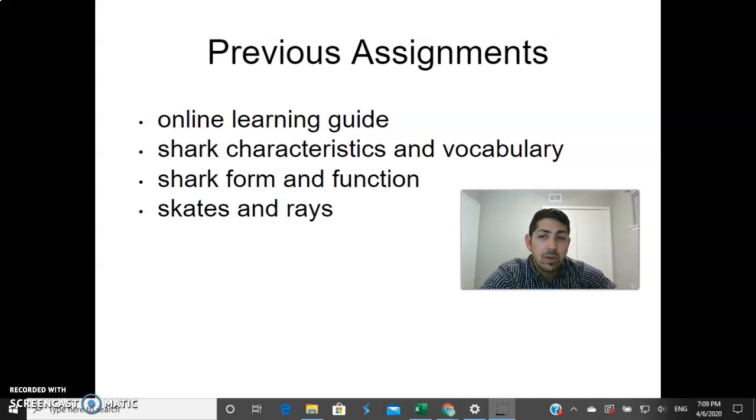And then the following week, which is last week, was shark form and function, and this was getting into the adaptations that certain sharks have that's a little bit different from a lot of other ones that we've spoken about throughout the year and how they use them. And then today we're going to be talking about skates and rays, and skates and rays are most easily related to sharks as being kind of like their cousins.